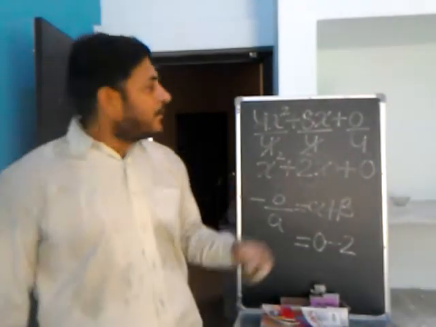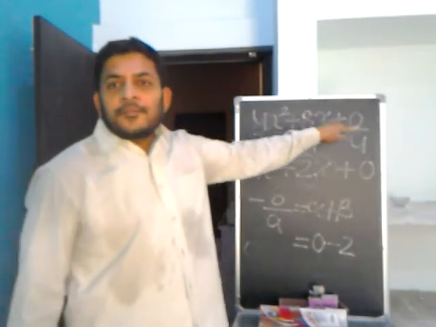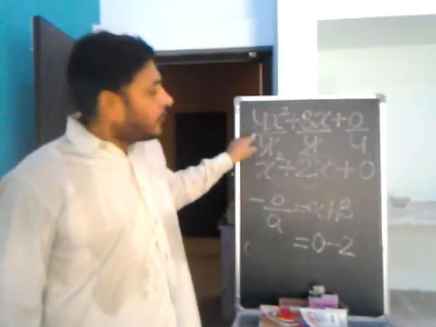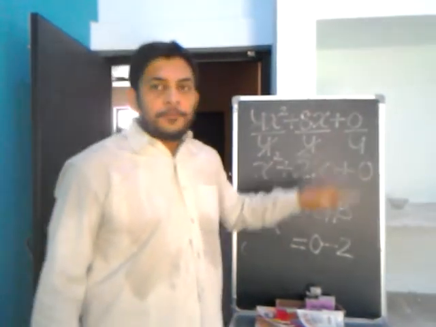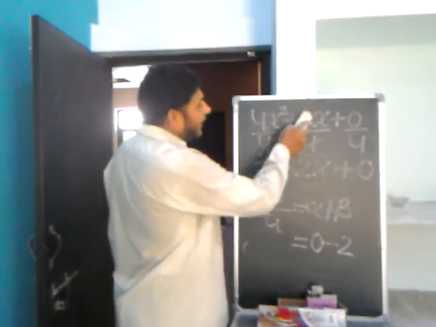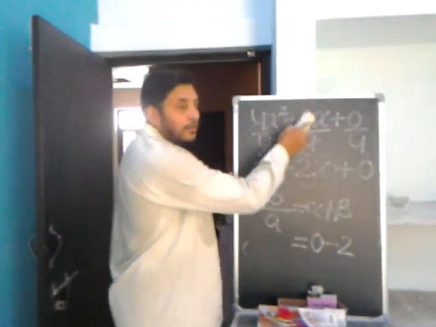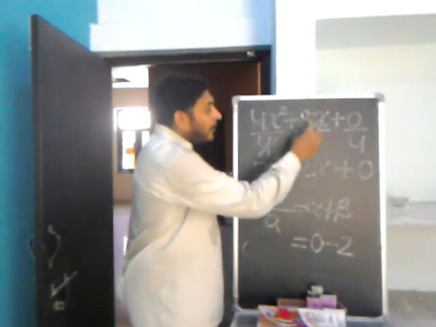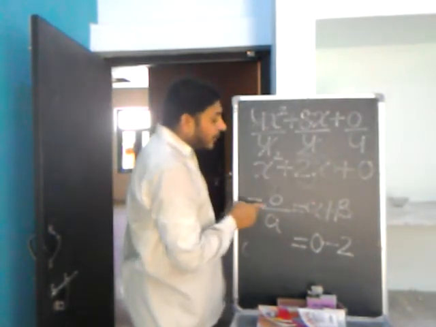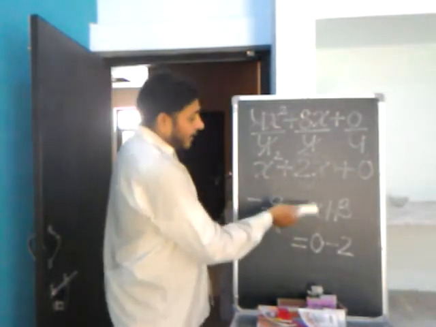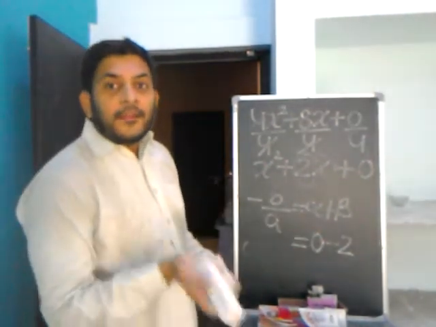So I divided all these three terms by the coefficient of x square, that was 4. So I got x square, 2x and 0. Then I know that minus b upon a, where b is 8 and a is 4, is equal to alpha plus beta, and alpha is 0 and beta is minus 2, which we have calculated earlier.